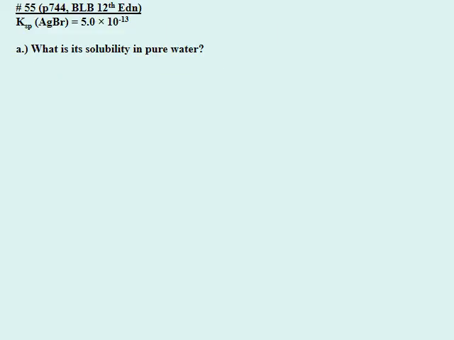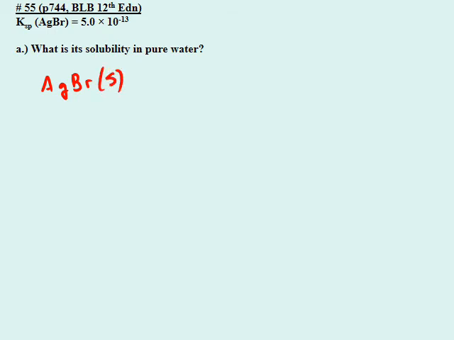This is 55A. The question is, what is the solubility of silver bromide in water? The silver bromide KSP value is given, so let's calculate its solubility. Again, I'm going to set up an expression pretty similar to what I did in the last couple of problems. So we'd have silver bromide.